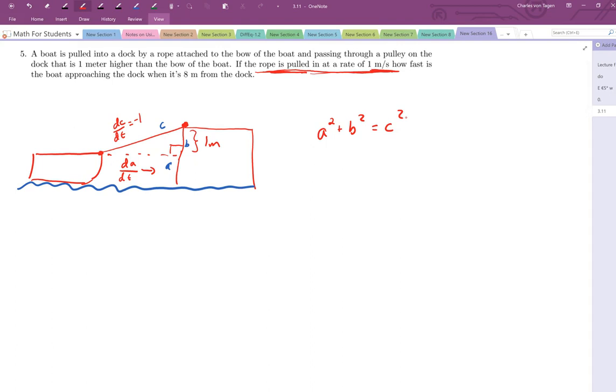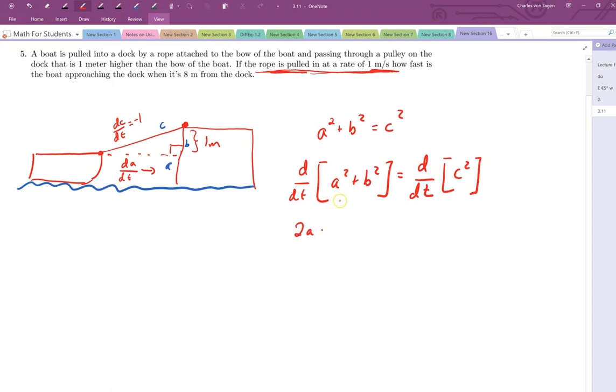Okay. So now we've found the formula, and we differentiate both sides with respect to the variable t. Okay. So this gives us 2a times a prime, here I'm just going to start using the prime notation, plus 2b times b prime is equal to 2c times c prime.